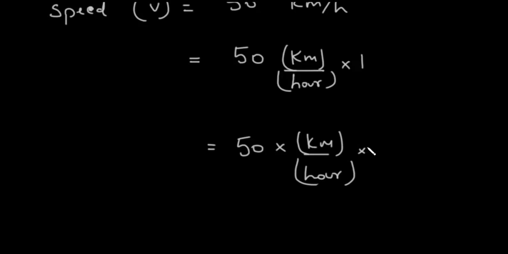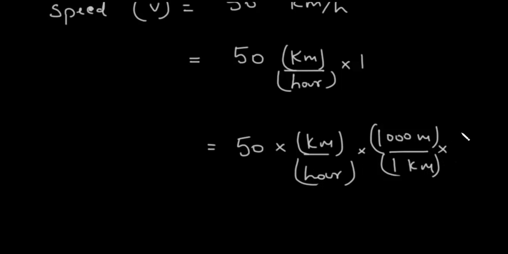So instead of 1 we can write here 1000 meter over 1 kilometer, and because 1 kilometer is equal to 1000 meter, they can get cancelled and the answer would be 1. So it's perfectly legal to write like this.